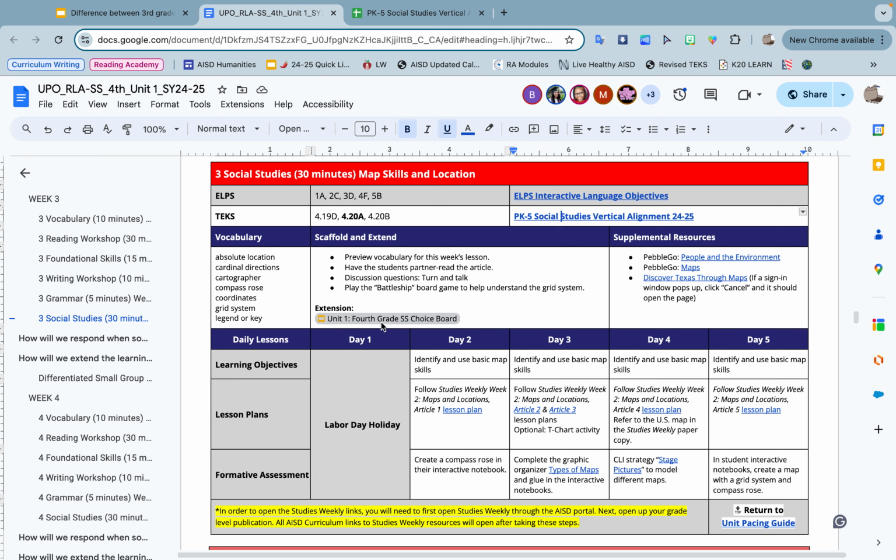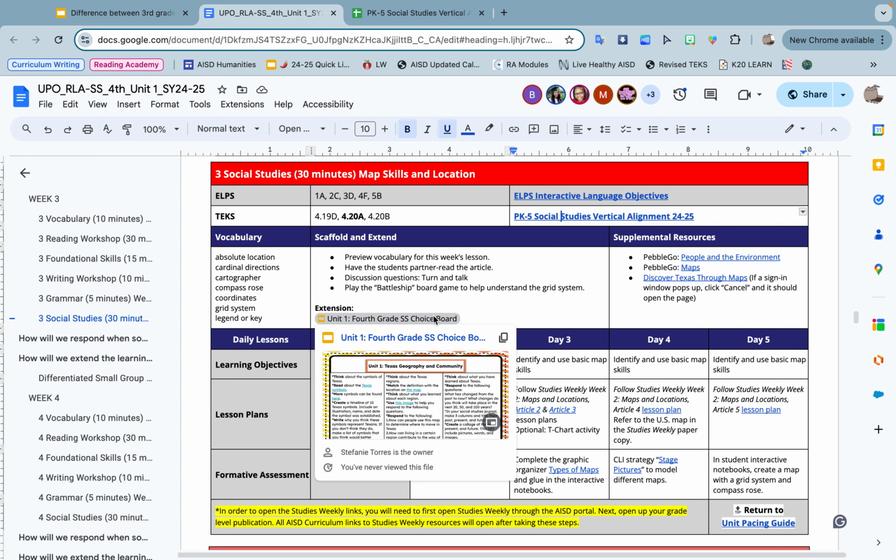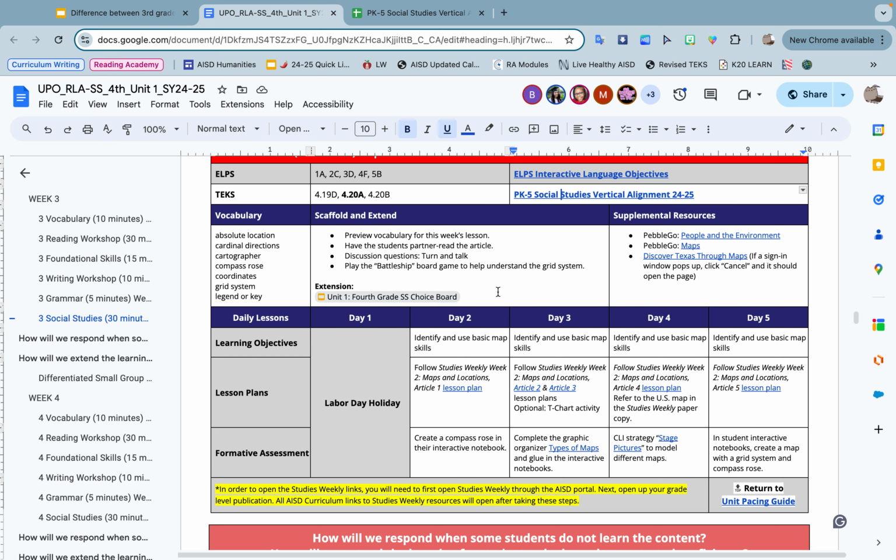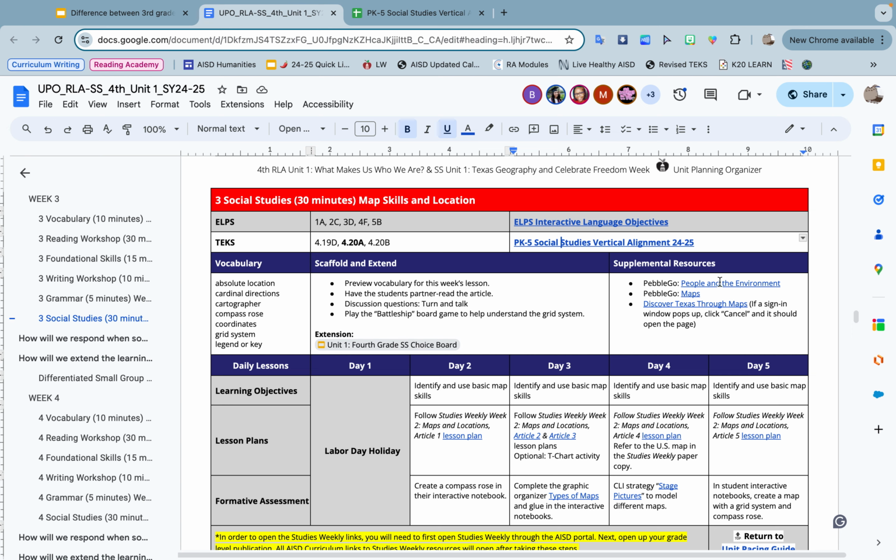And then the extension might have a choice board linked, or it might have other suggestions of activities that can be used for an extension. The final section in this top part is the supplemental resources.